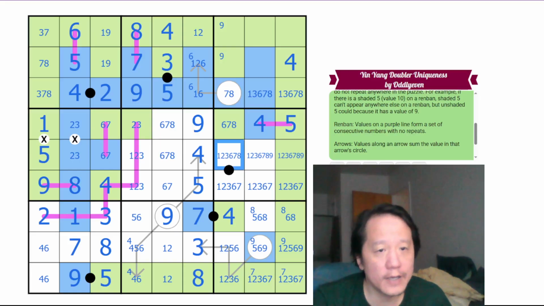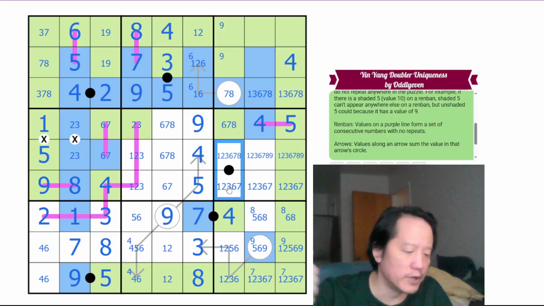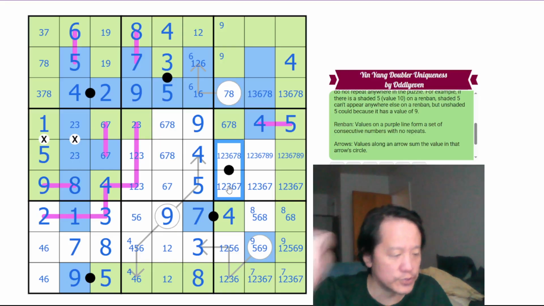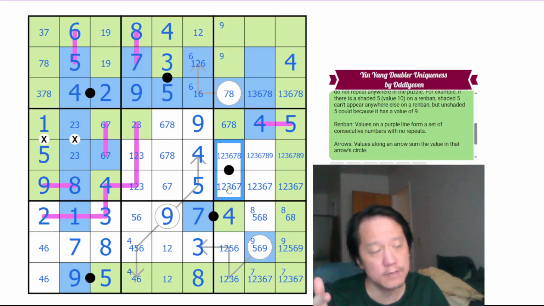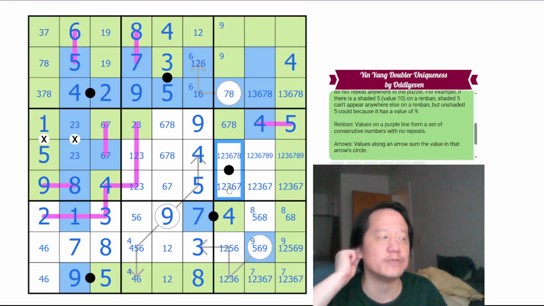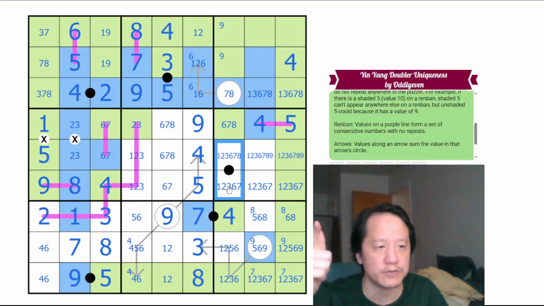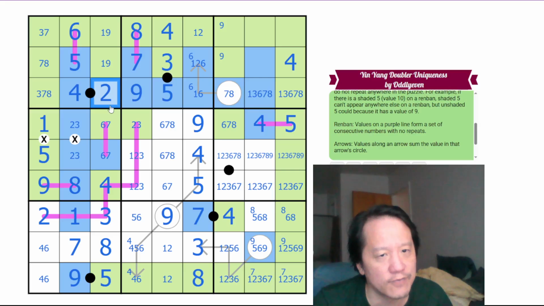1 can't be here. If this were 1, it would have to have value of 1, which would mean that it would be with value of 2, which is also a 1. Or it would have to be value of 2, which means it would have to be with a 1-2 ratio with a value of 4. But we already have a 4 in this space here.